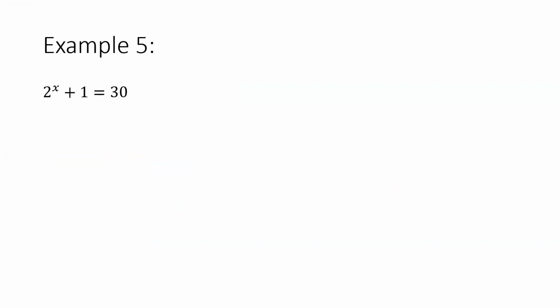So we did this one, and we said that x is between what? We said x should be between 4 and 5, right? So that's where x should be. We have to isolate our exponential. We subtracted 1, and that left us with 2 to the x equals 29.